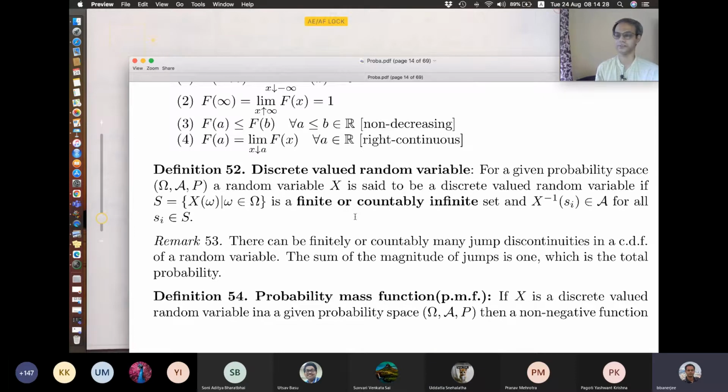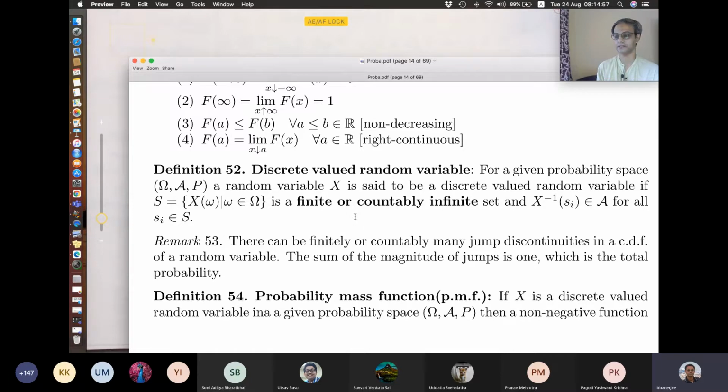So, discrete valued random variable. For a given probability space, we always start with Omega, A and P. A random variable X is said to be discrete valued if X of omega, for all omega belonging to the capital Omega, that set is either finite or countable. That means it is either finite or you can map it with the natural numbers.